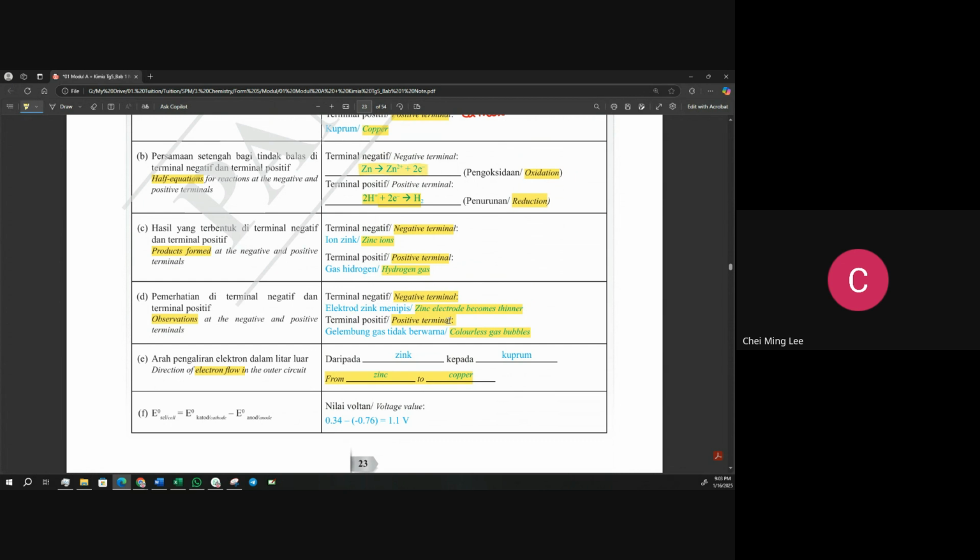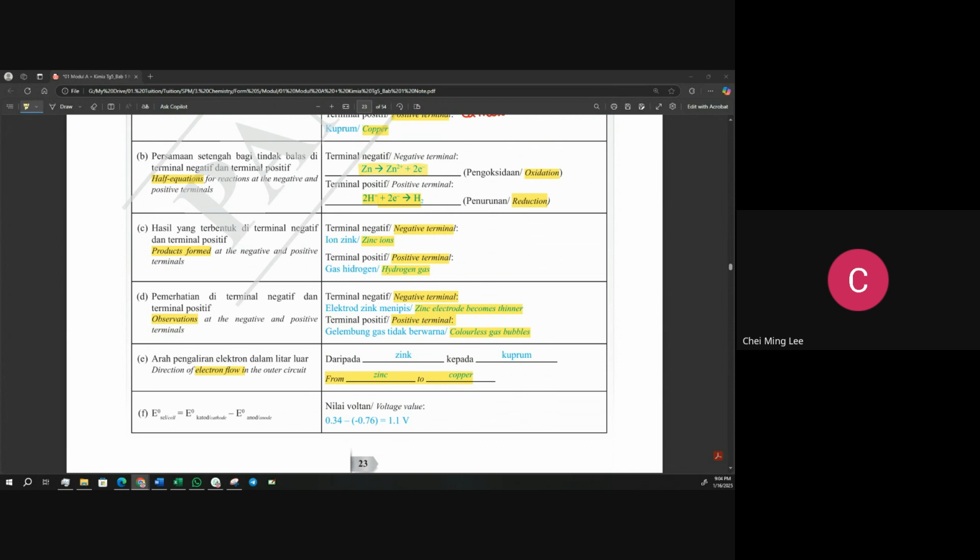But because hydrogen ion is being reduced to hydrogen gas, you will see colorless bubbles. The electron flows from the negative terminal to the positive terminal, so it's from zinc to copper.